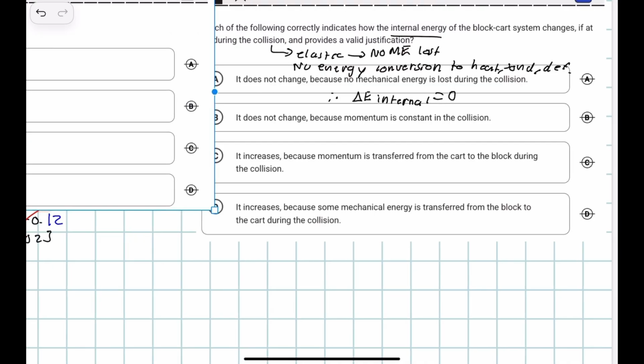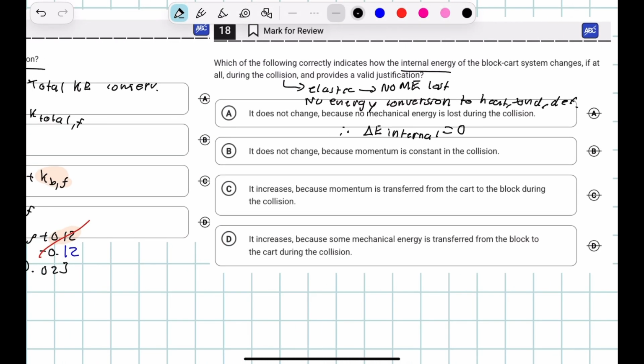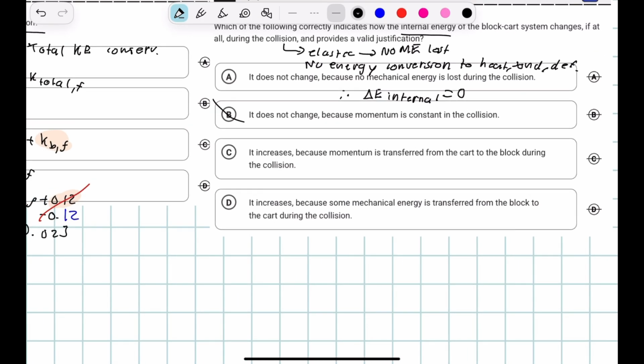So let's read the options. It does not change because no mechanical energy is lost during the collision. Probably, but let's check the other options. It does not change because the momentum is constant during the collision. It says using energy as your justification, so not momentum. We're not really looking at momentum here. It increases, but momentum is transferred from the car to the block during the collision. Okay, but momentum transfer does not equal an internal energy increase.